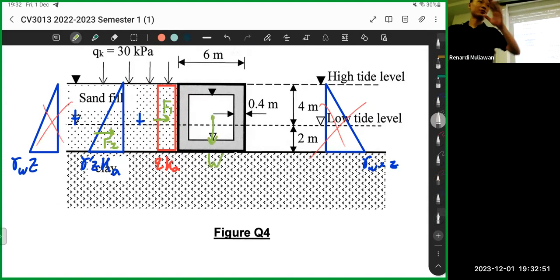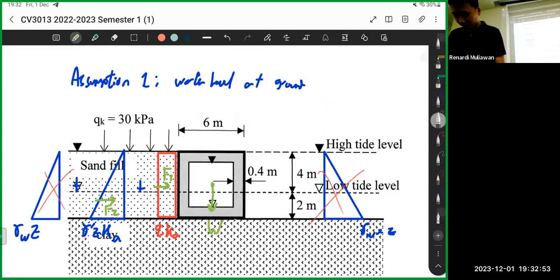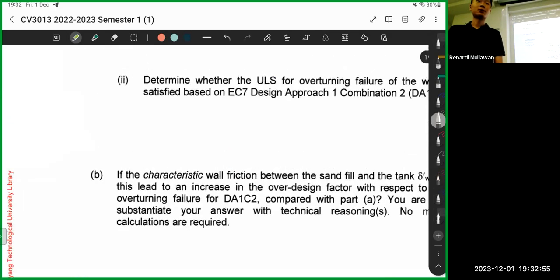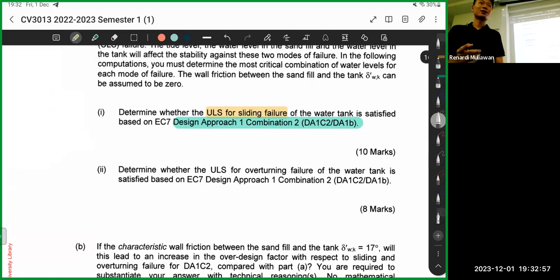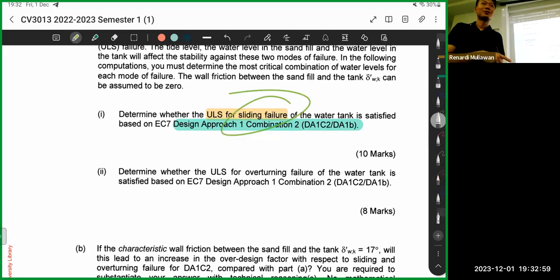Now here's the logic. You're checking for sliding, right? So for sliding, do you want to check for less weight or more weight? You want to check for less weight, because if you have more weight, you can imagine the friction at the bottom is higher. So we want the tank to be empty.